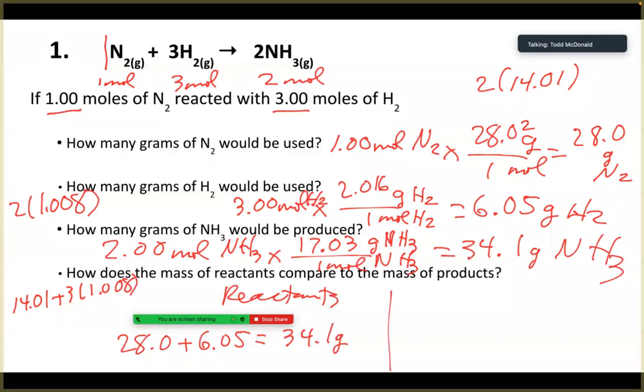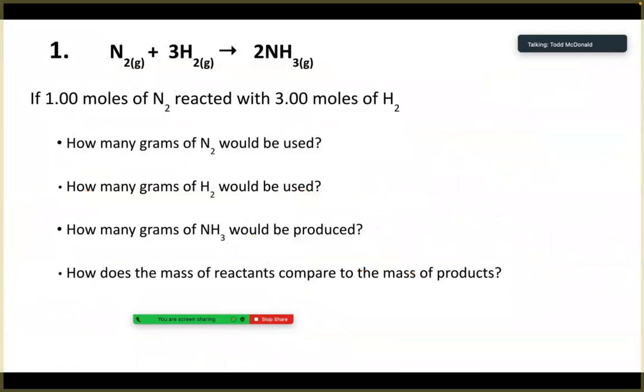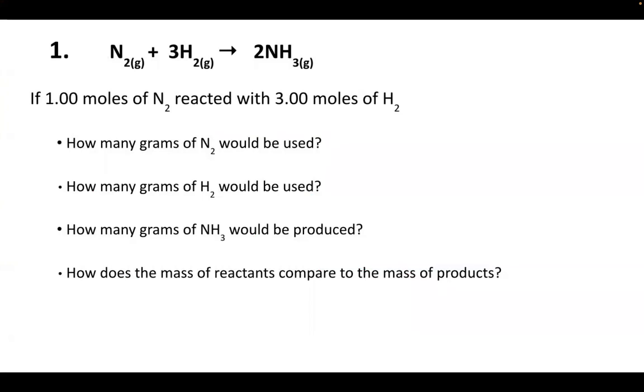And if I look on the product side, based on my calculation, I should make 34.1 grams of NH3. Those should be equal to each other because the mass of the reactants should always add up to the mass of the products. So that's the law of conservation of mass, or matter, okay? I'm just trying to show you how we could think in terms of grams instead of moles.